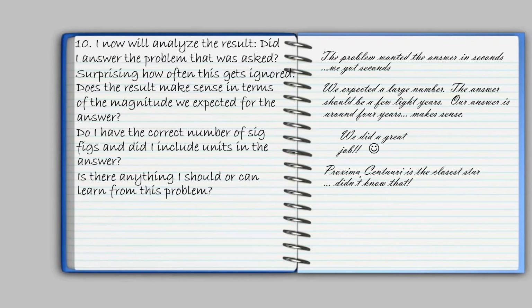In this case, I didn't know that Proxima Centauri was the closest star. I always thought Alpha Centauri was the closest star. Turns out, after looking on the web, that Alpha Centauri is a triple star, and Proxima Centauri is the closest of these 3 stars.